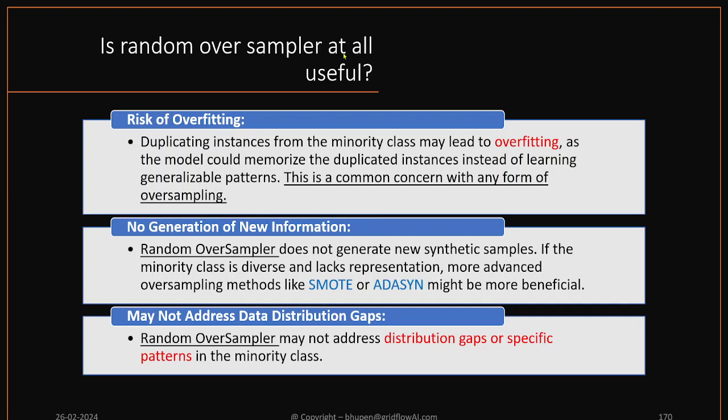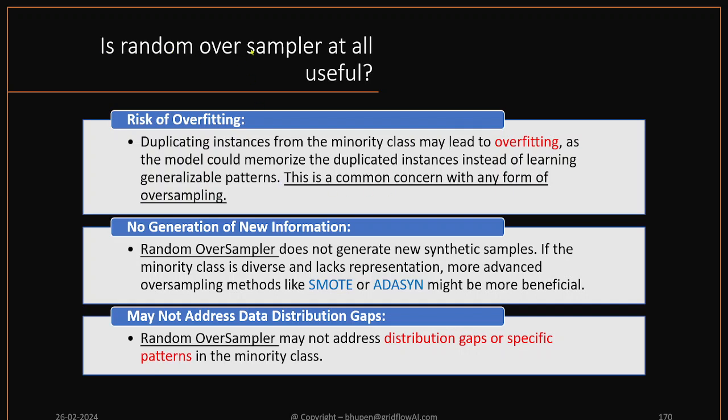Is random oversampler useful at all? Probably not. It is not useful. It can result in too much duplication, and thereby it introduces the risk of overfitting. Overfitting is again a machine learning concept that means the model will remember the patterns, and that's not what we want. That is not the goal of machine learning, to remember the exact data or exact pattern.